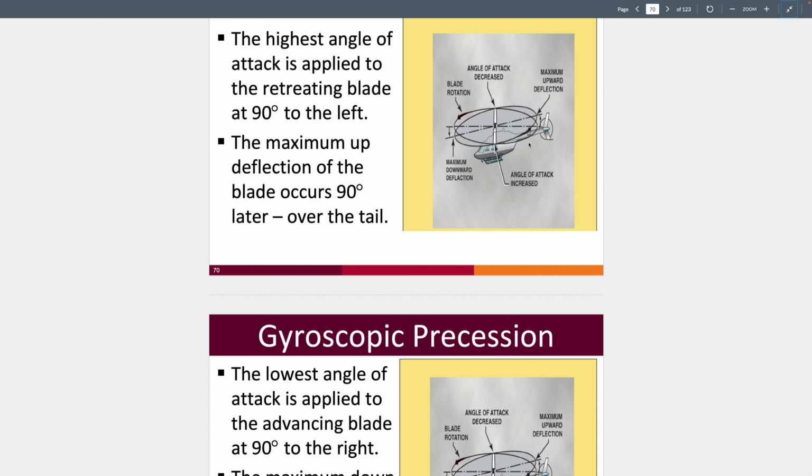If the rotor disc was rotating clockwise and we didn't have this compensation taking place in the swash plate assembly, the helicopter would intend to produce maximum angle of attack at the 6 o'clock position, but instead the effect would be felt approximately 90 degrees later at the 9 o'clock position, which would cause the helicopter to roll to the right. This is gyroscopic precession.